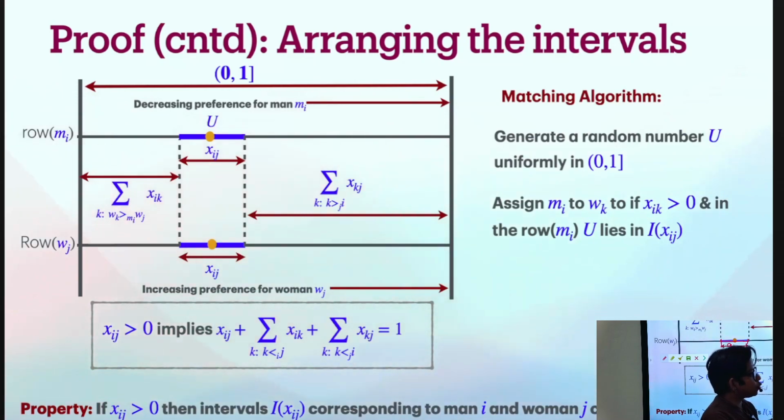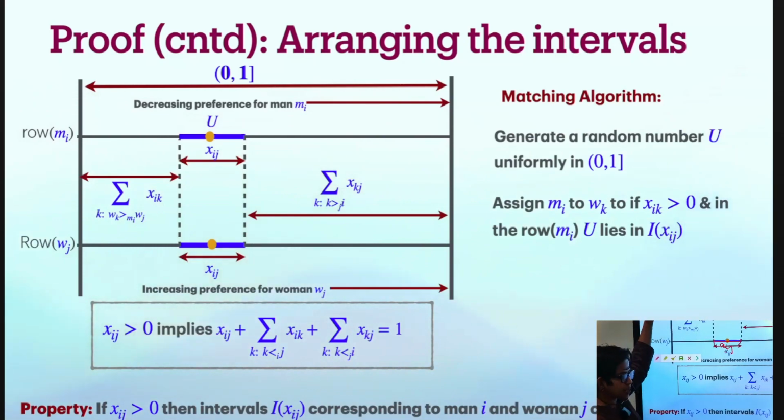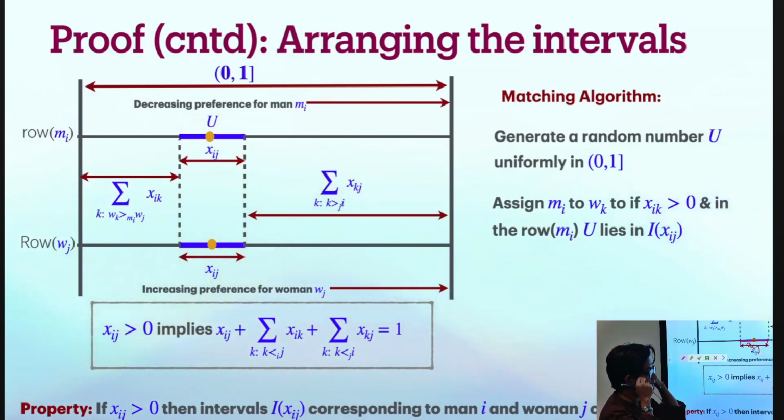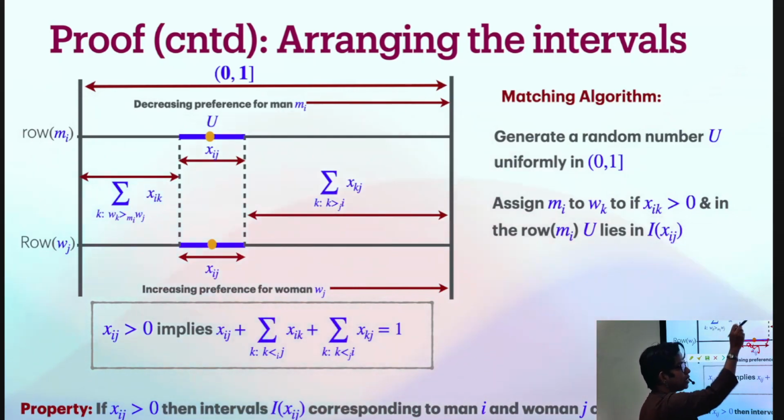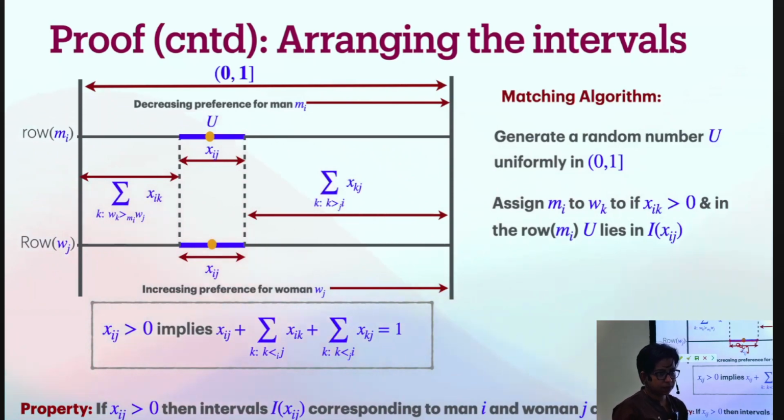I look at every man, every row that I have here. From the man Mi's perspective, I see where is U, this uniformly at random generated value. If it falls in the interval, let us say Xik, that interval has to be part of a non-zero interval, right.